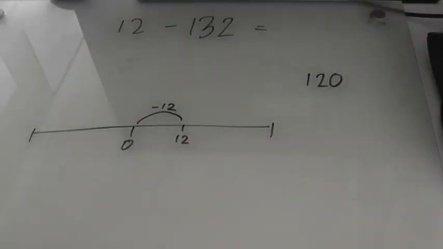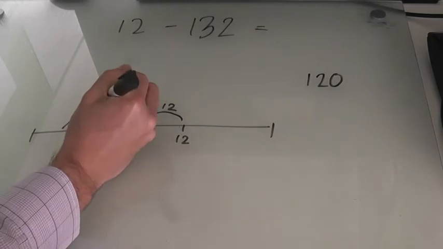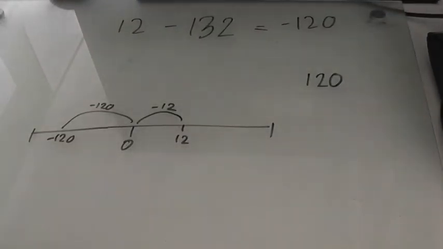Can you see that? So now we can do 120 this side of the 0, because we've got another 120 jump. So that would leave us at the answer of minus 120. Can you see how it's a little bit easier if you're struggling to use a number line?